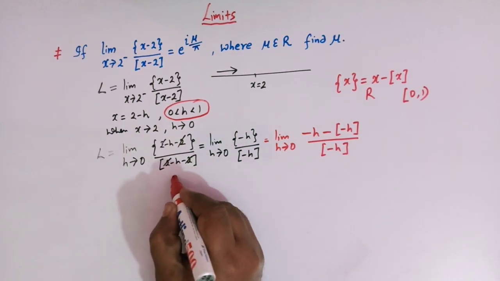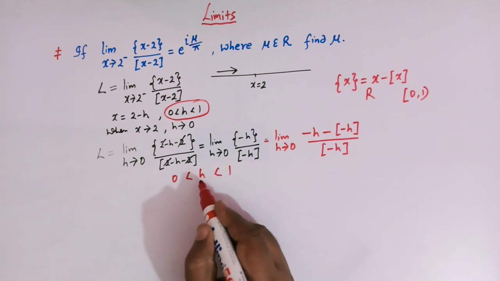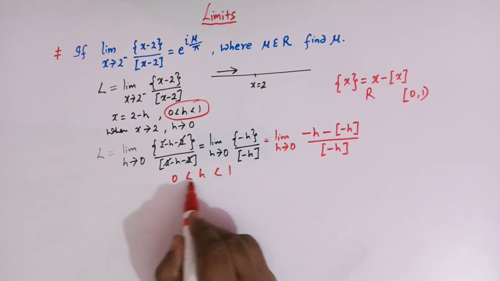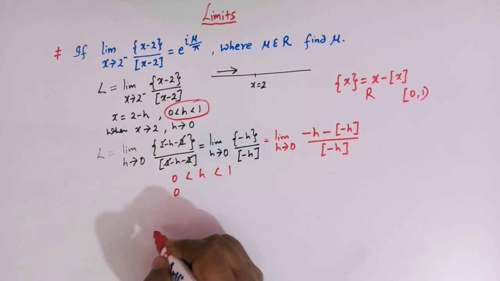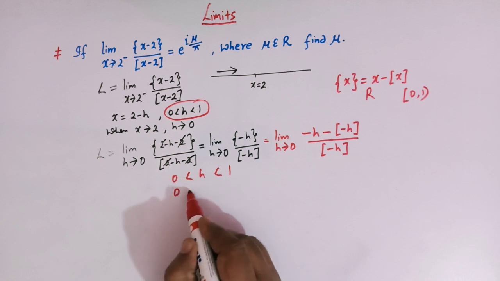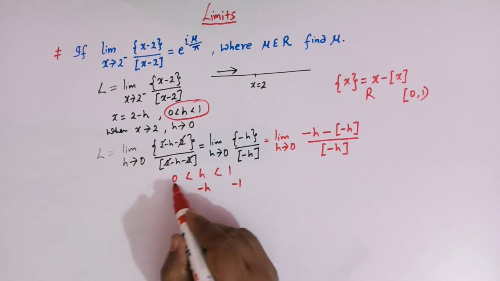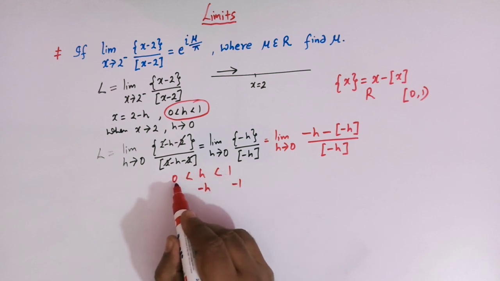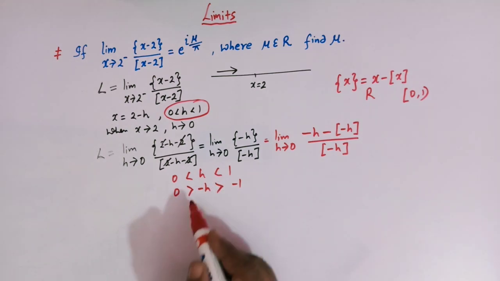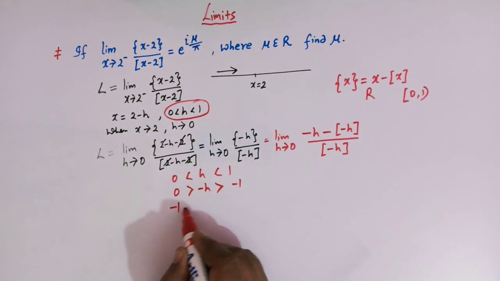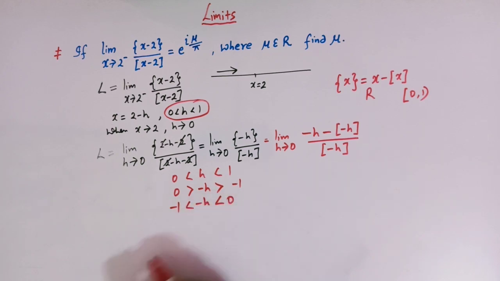See here h lies between 0 and 1, right? So if we multiply throughout this inequality by negative sign, we will get 0, and then we have minus h, and here we have minus 1, right? And when we multiply throughout by minus 1, the direction of the inequality gets reversed. So now we have minus 1 is less than minus h, and this is less than 0, right?